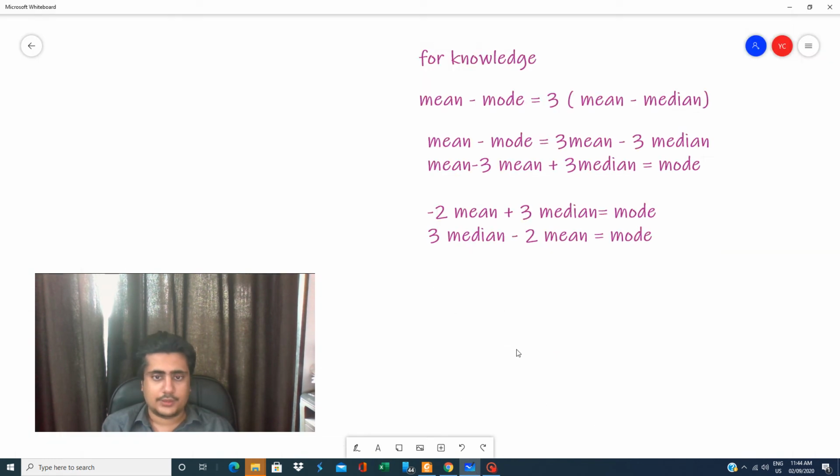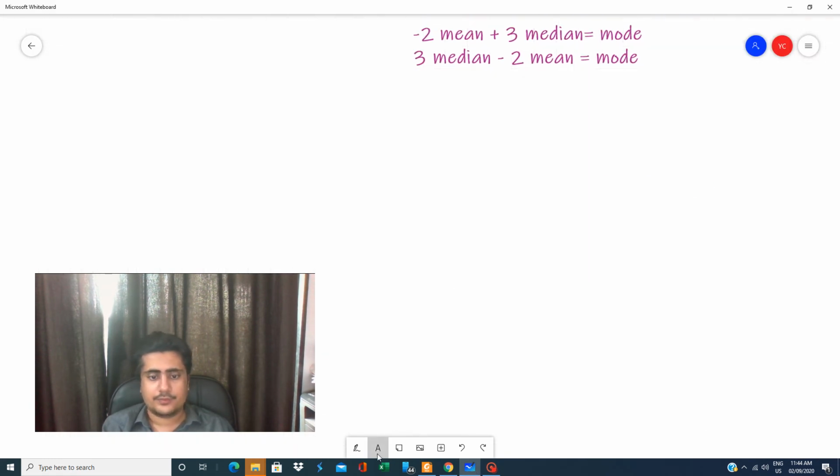So let us write the question. Illustration 35.